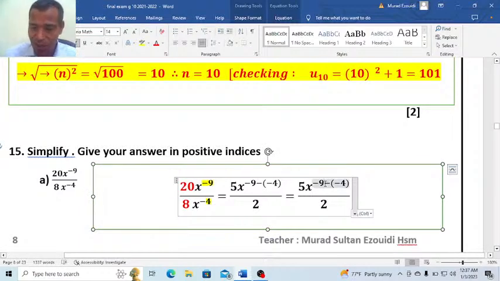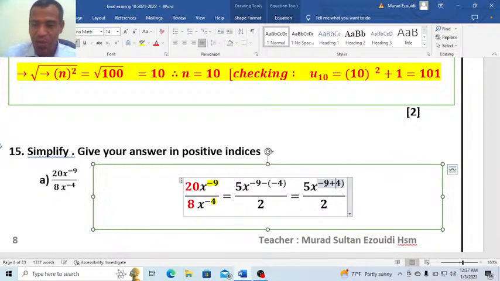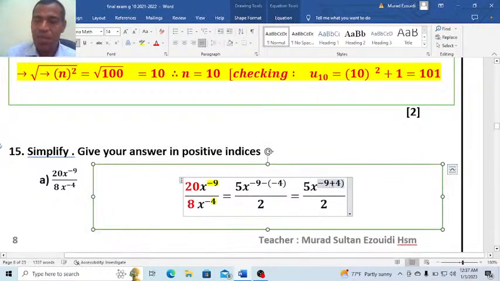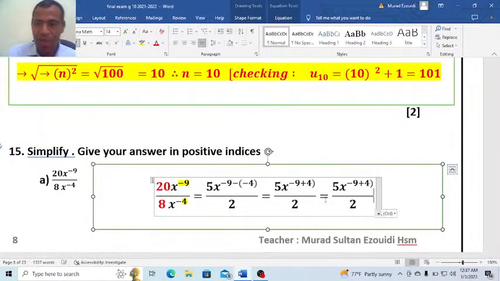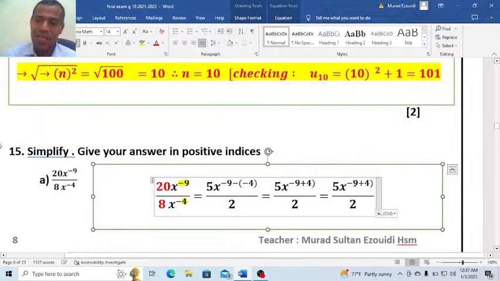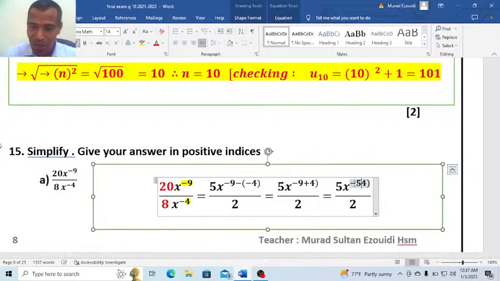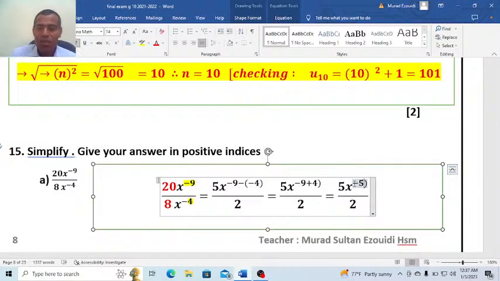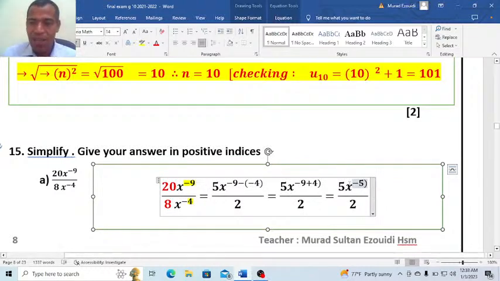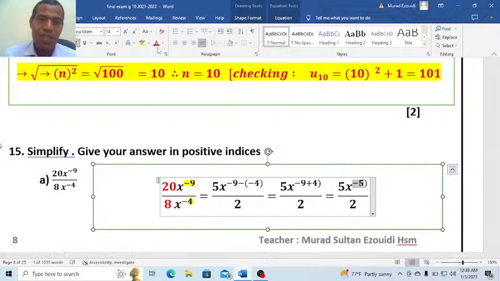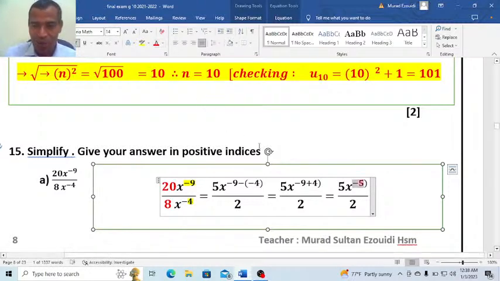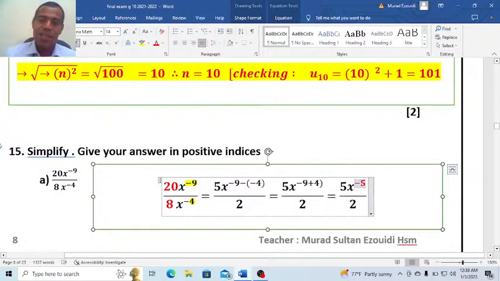So positive 4 plus negative 9 gives negative 5. So 5 times x to the power negative 5. This is the first method, meaning the index here is negative 5, but the question wants you to convert it so that you can get full marks. Therefore, this negative 5, I will write as a fraction.